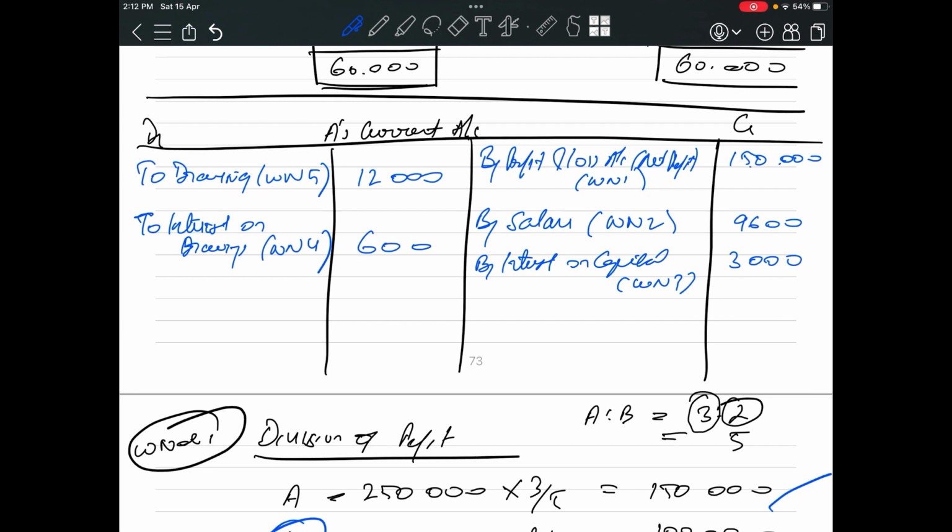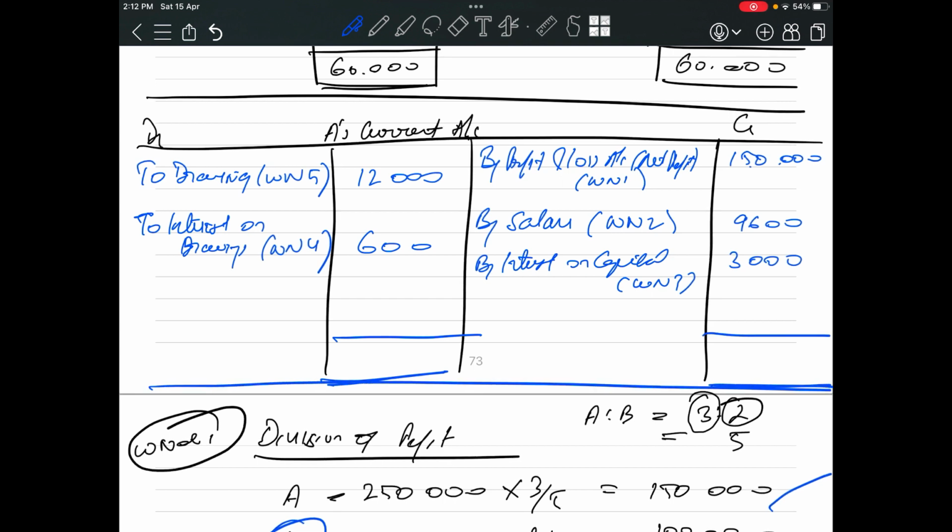Now we are done with all the transactions, so we'll have to find out the balance of the account. Here he got 1,50,000 as his profit, 9,600 as his salary, and 3,000 as interest. We add all this: 1,50,000 plus 9,600 plus 3,000, and the total is 1,62,600.